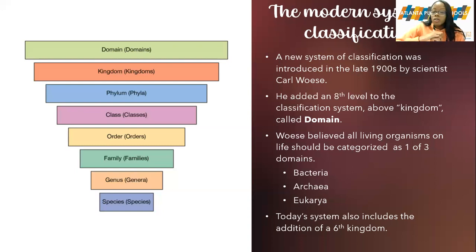So this is going to be the bulk of my organisms that we find here on Earth. So my plants, my animals, whether they're land or water animals, as well as fungi, all fall underneath the eukarya category. So again, these 3 are considered to be my domains, and this is what Carl Woese added to the classification system.